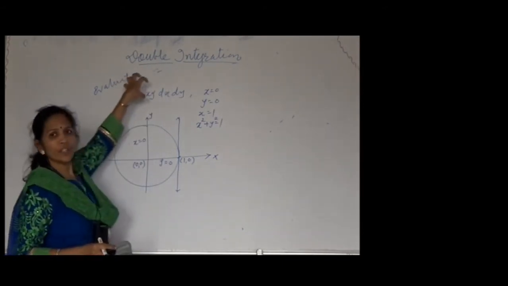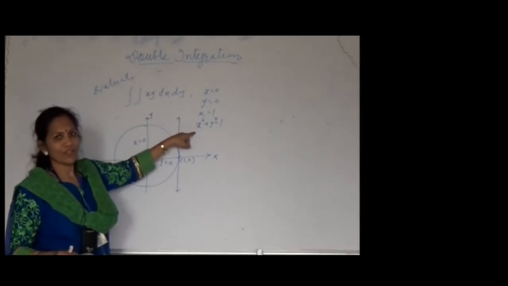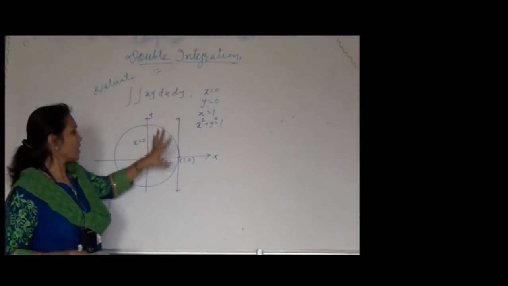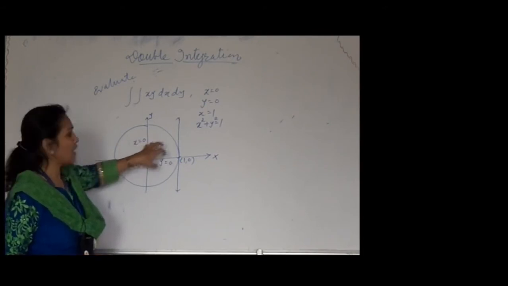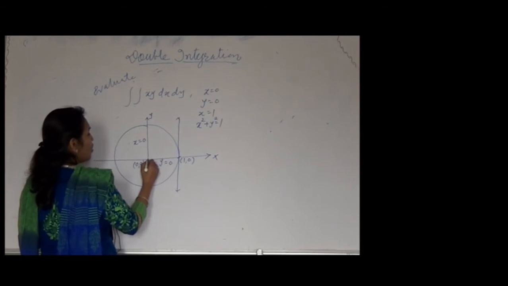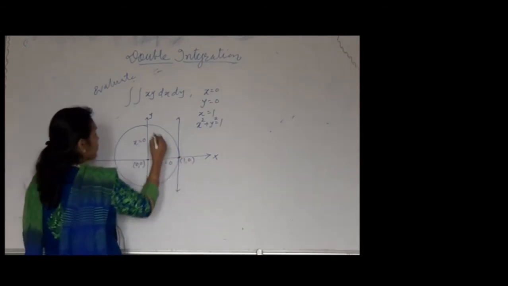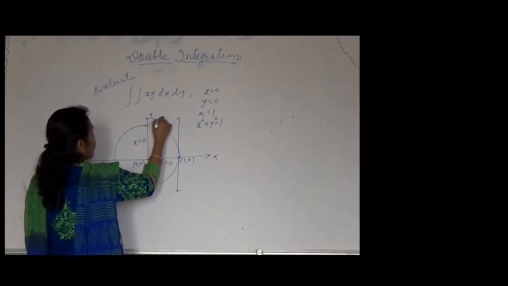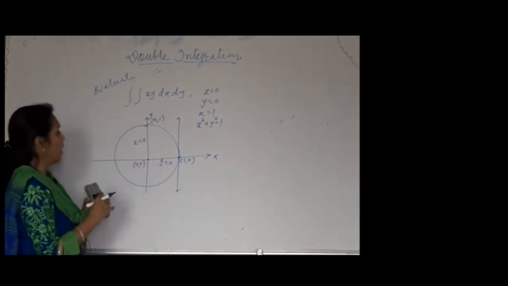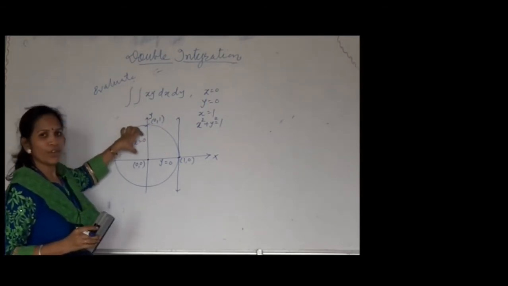What is the region given? The major curve is x squared plus y squared equals 1, a circle with center at the origin and radius 1. That's why I have drawn this circle. The radius is 1, therefore this is the point (1, 0) and this is the point (0, 1). The equation of the x-axis is y equals 0, and the equation of the y-axis is x equals 0.